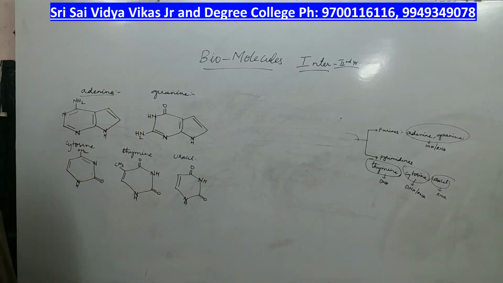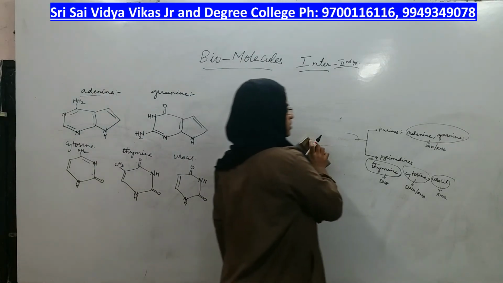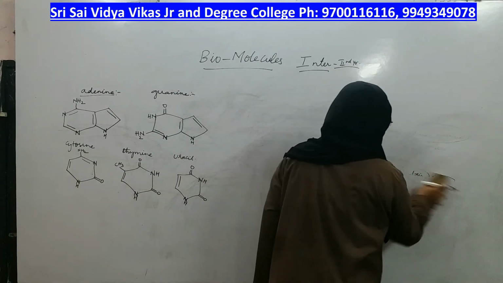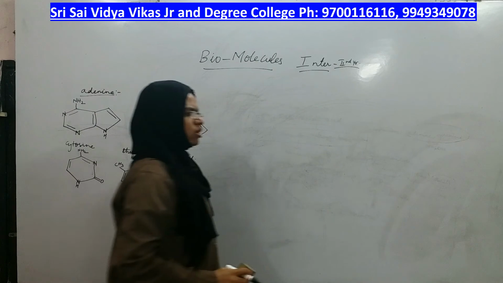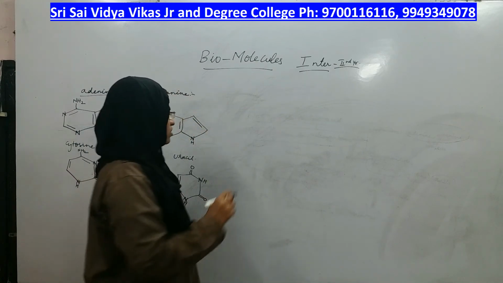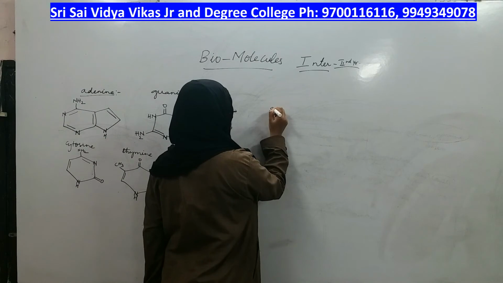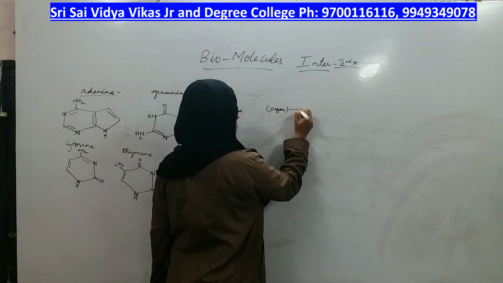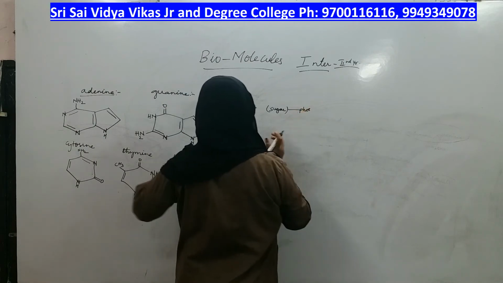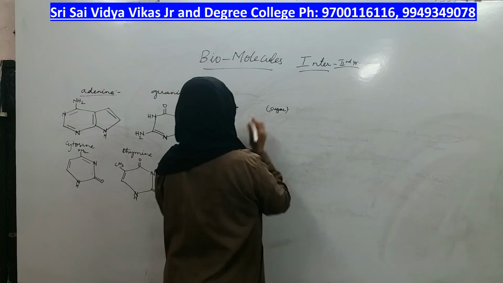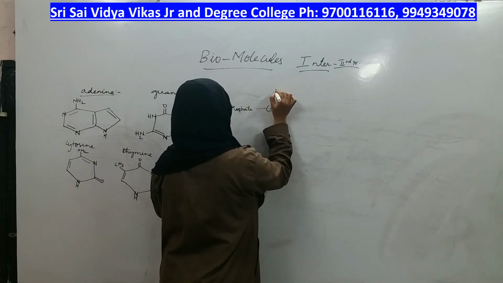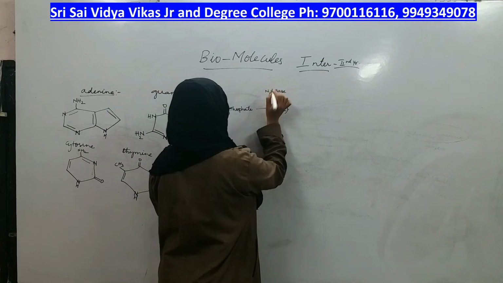The nitrogen bases we have seen. Now what will we see? How can you get the structure of one nucleotide which combines with the next nucleotide to form a long polynucleotide chain? Okay, how they are present is on the sugar. What do you have? Phosphate, otherwise I will write phosphate on this side. On the sugar you have phosphate and a nitrogen base.